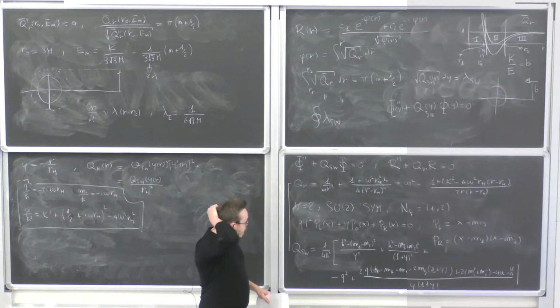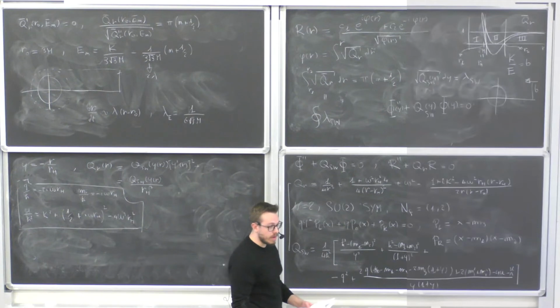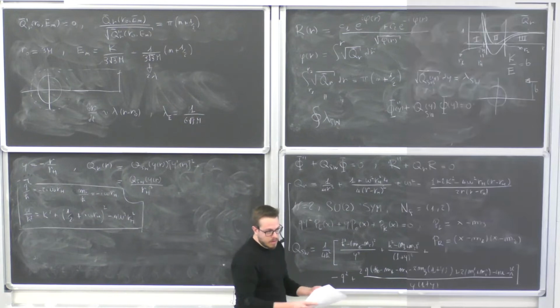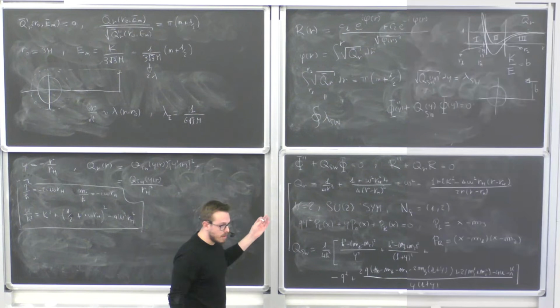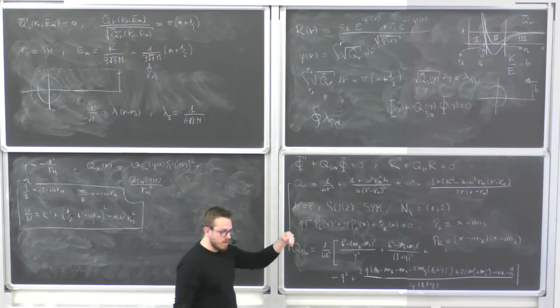Well, when we study these black hole perturbations, we expect that once they cross the horizon, nothing can come back. But in the differential equations, you can still see that there is a singularity.